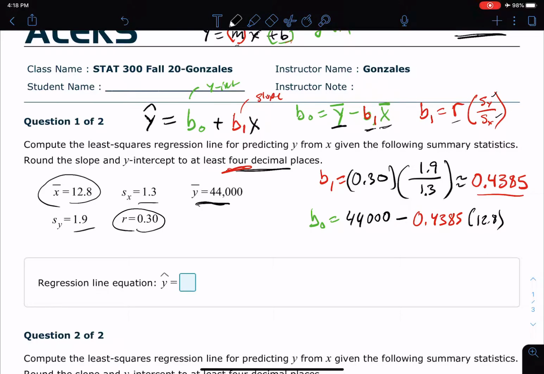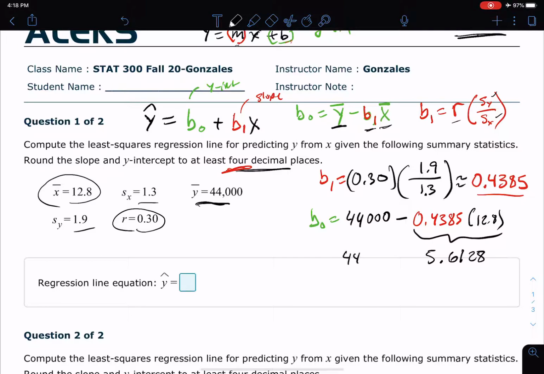So now when I multiply 0.4385 times 12.8, I get 5.6128.